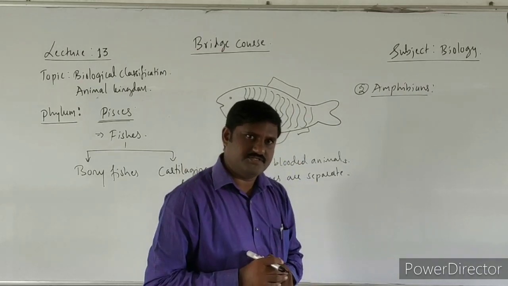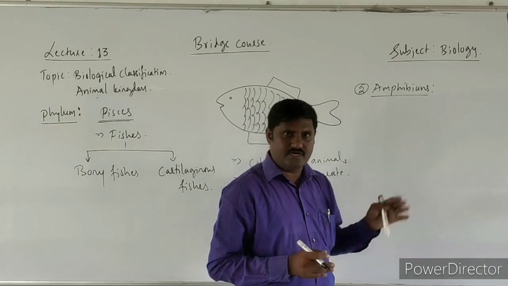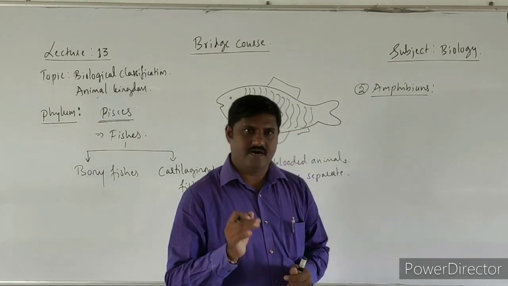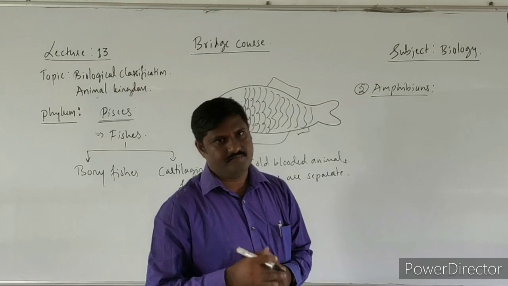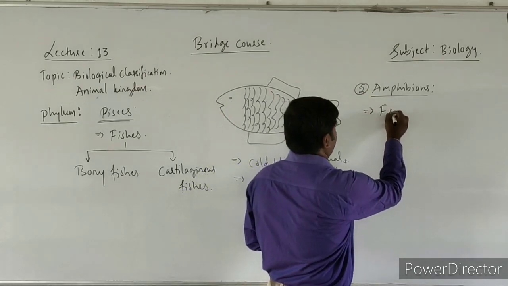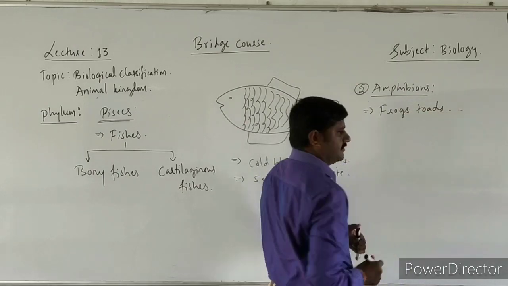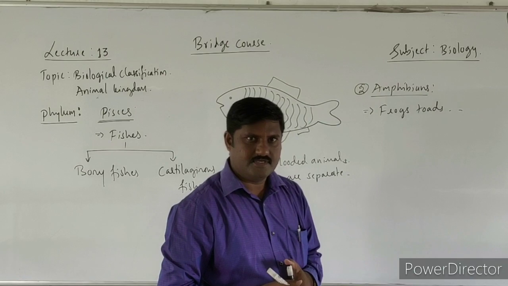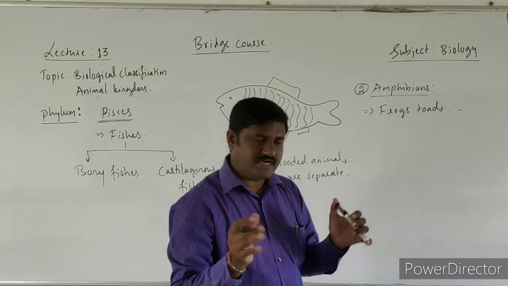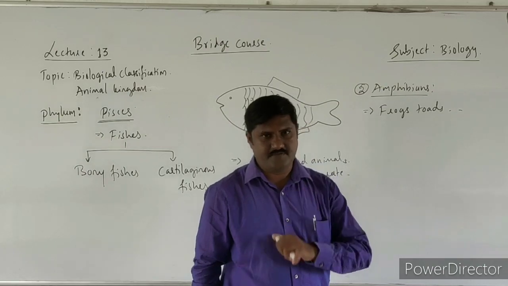Such animals are called amphibians. The best examples for this are frogs, toads, Ichthyophis, salamander. We come across many examples of amphibians.